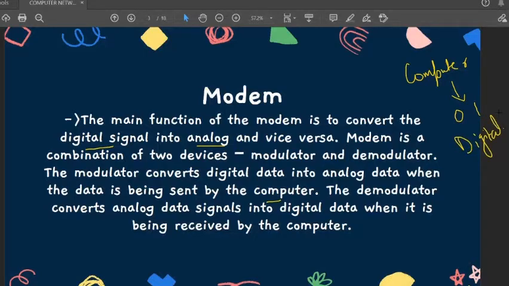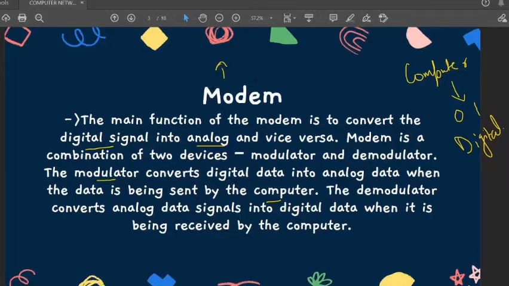So for sending any data from the computer, we need to convert this digital data into analog data, and that process is known as modulation, which is done by the modem itself.